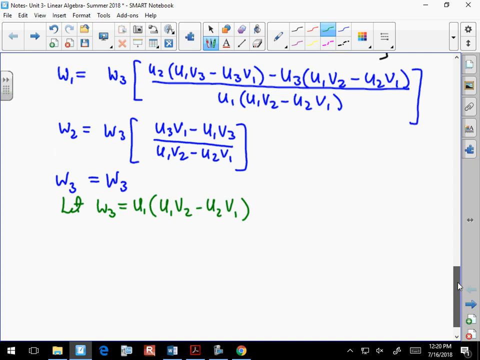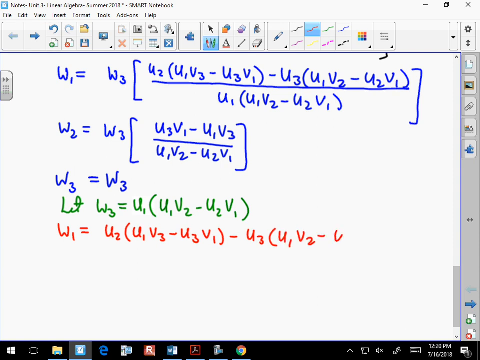So then W1 would be equal to just the numerator of your inside fraction. W2 would be equal to U1 times just the numerator of the inner fraction.